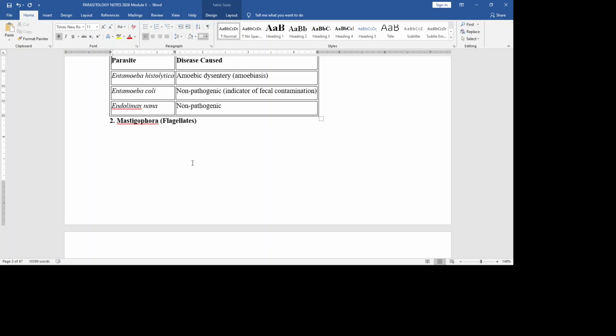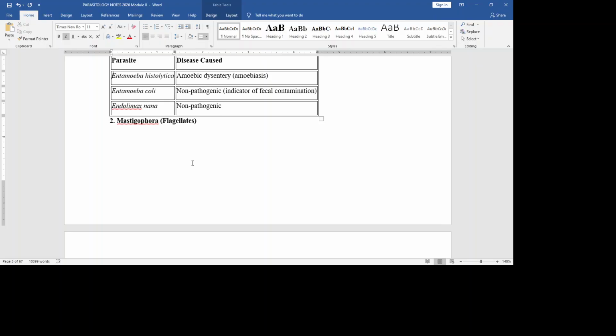And among the common parasites of medical importance, we have Entamoeba histolytica, which causes amoebic dysentery. Then we have Entamoeba coli, which is actually non-pathogenic, but an indicator of fecal contamination, just like its counterpart, Escherichia coli, which is a bacteria used as an indicator for fecal contamination of food and water.